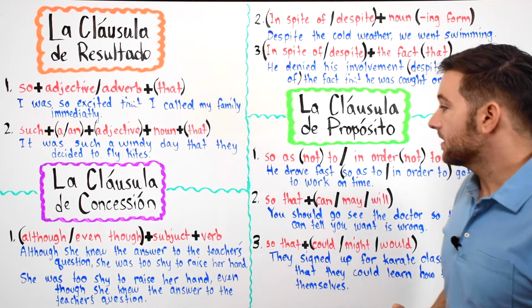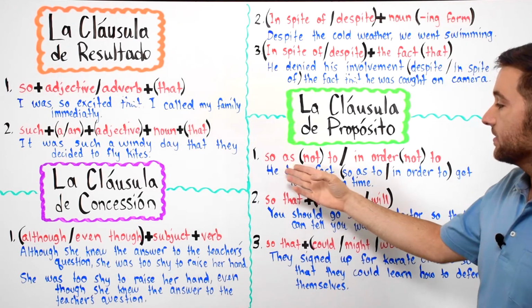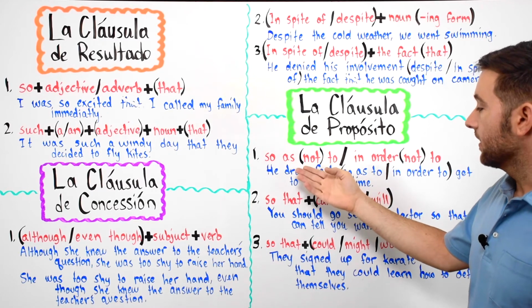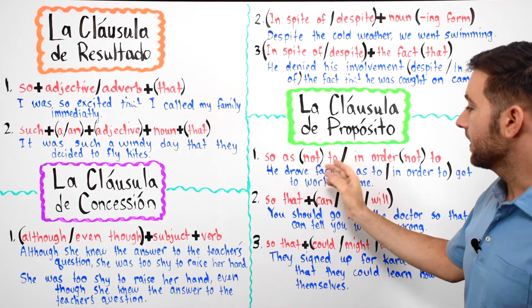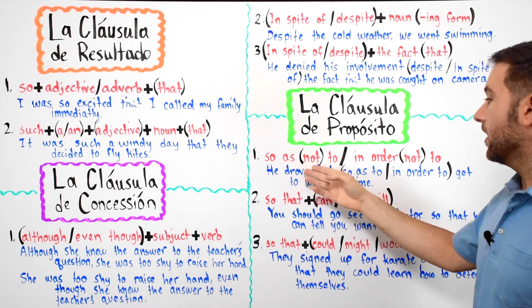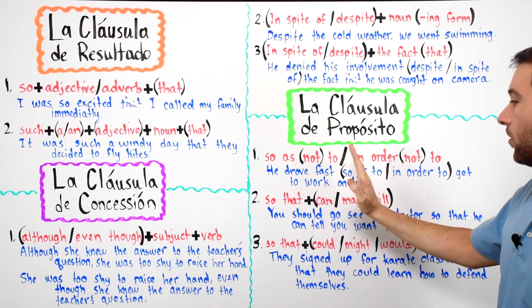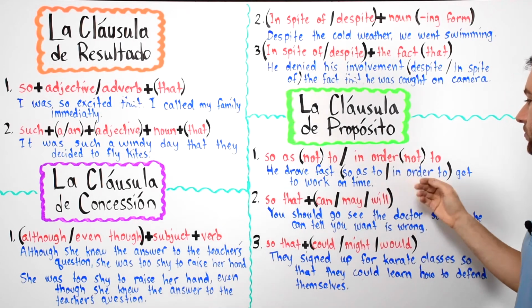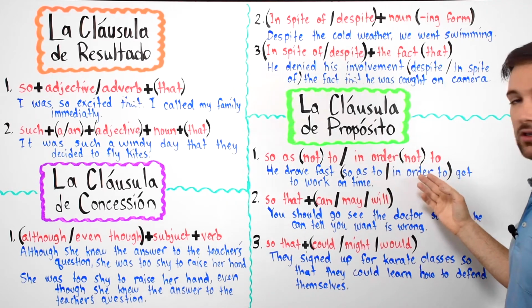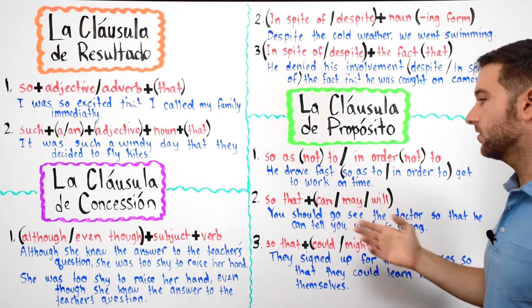Okay, la primera forma es so as not. Okay, en la forma negativa, podemos decir not en el medio: so as to, or so as not to, o pueden decir in order to, or en la forma negativa, in order not to. So let's look at the sentence.